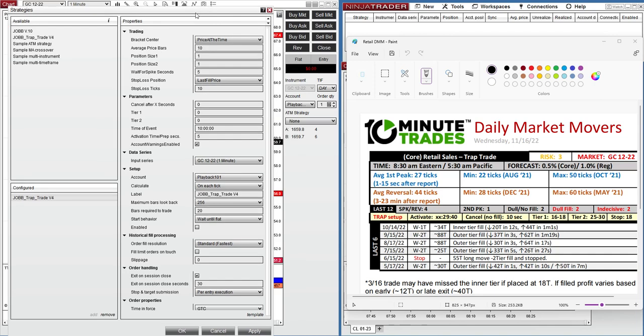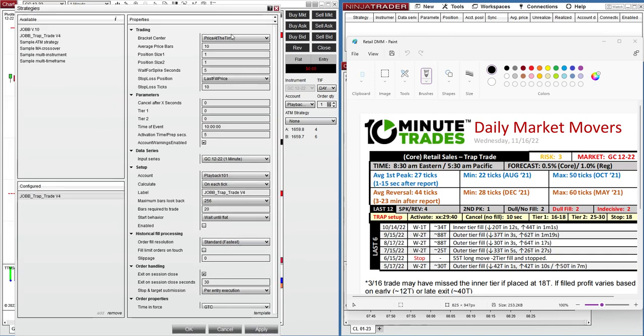And now I can change my settings, right? Bracket center, leave it alone, default. Average price bar, leave it alone, default. Position size 1, that's tier 1. We're going to use one contract, so that's a 1. Position size 2, that's going to be tier 2, one contract, so that's a 1.